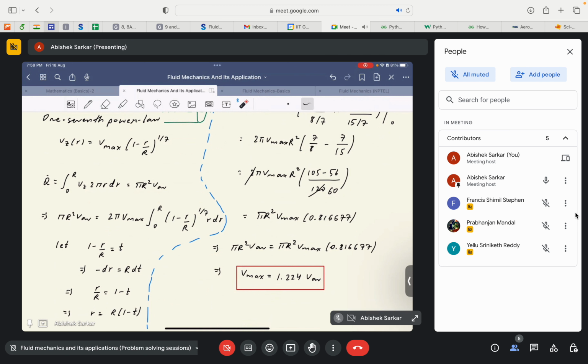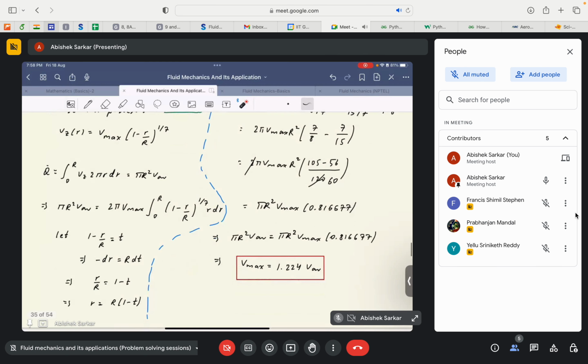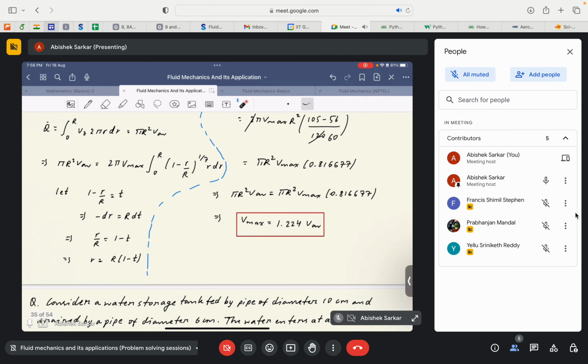After we do that integration, which is basically a substitution or change of variables, I have done it, so I don't think it's necessary to show it step by step. We find that the maximum velocity is equal to 1.224 into V average. So this is the relationship between the maximum velocity and the average velocity.